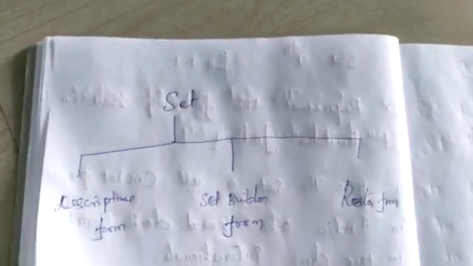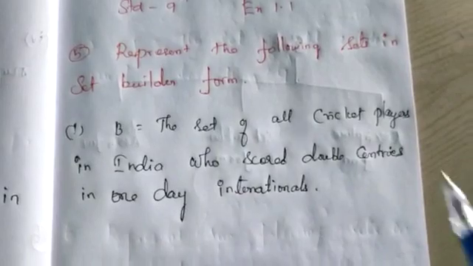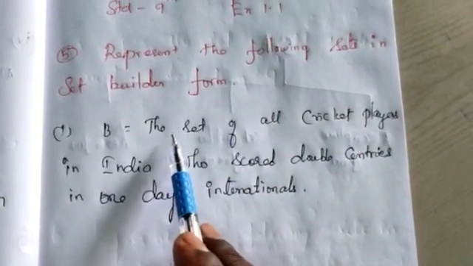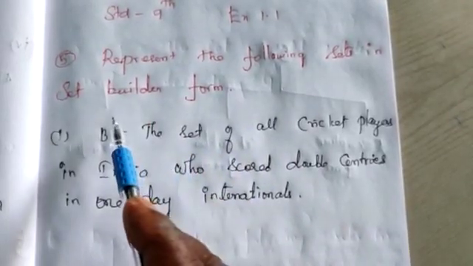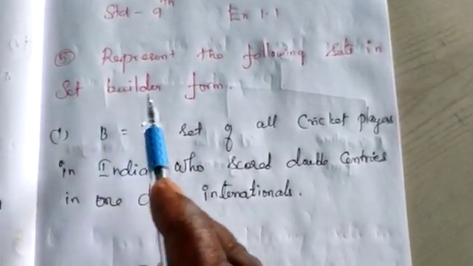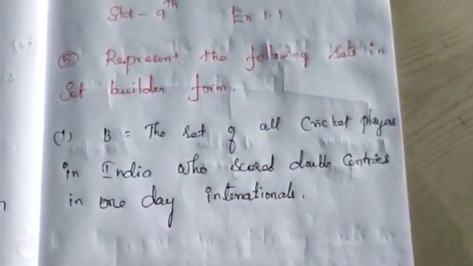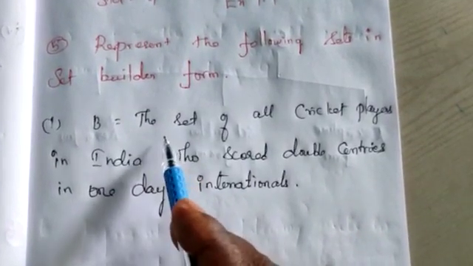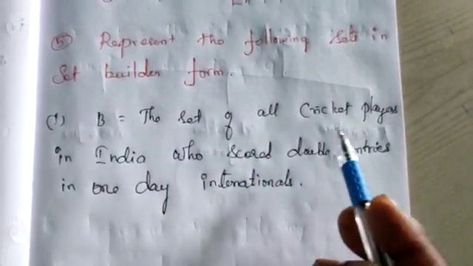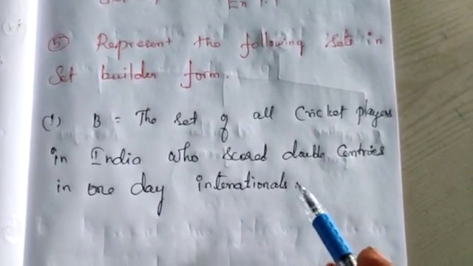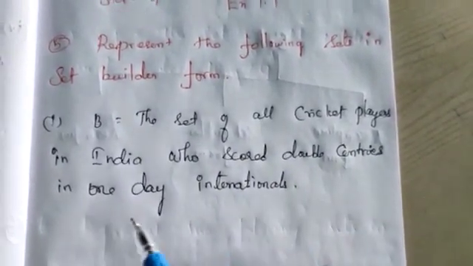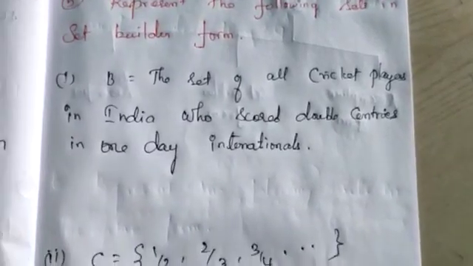Now we are going to see the fifth question, first subtopic. They are asking us to write it in set builder form. The set of all cricket players in India who scored double centuries in one day international.